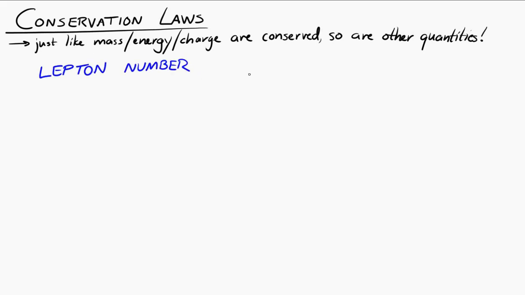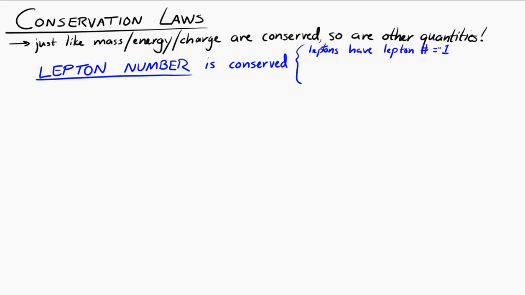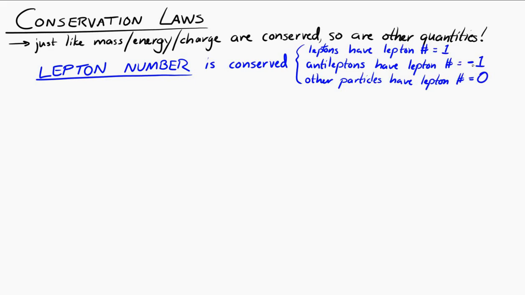Turns out, lepton number is conserved. Now, what the heck is lepton number? Well, a lepton has a lepton number of 1. If you have an anti-lepton, like an anti-electron or a positron, that has a lepton number of -1. And all other particles which are not leptons, so quarks and bosons, they all have lepton numbers of 0.